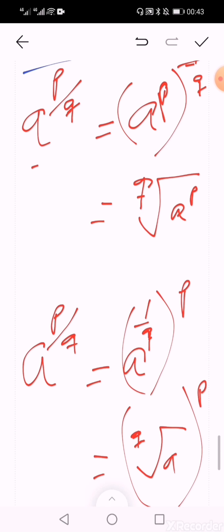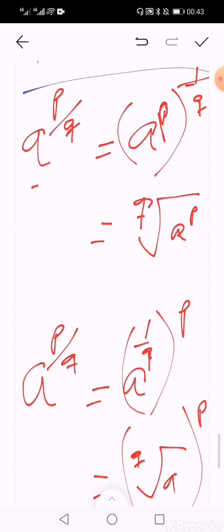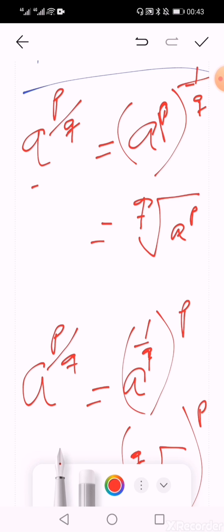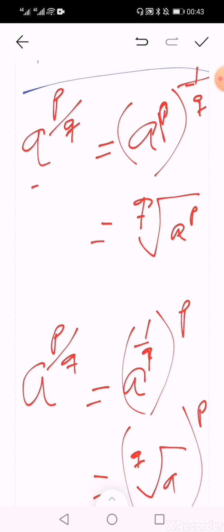So you should understand this rule. Let me explain it again. Here we have a to the power p over q, and then here we get a to the power p, to the power 1 over q. So this is the same as finding the root. Remember the meaning of fractional indices.